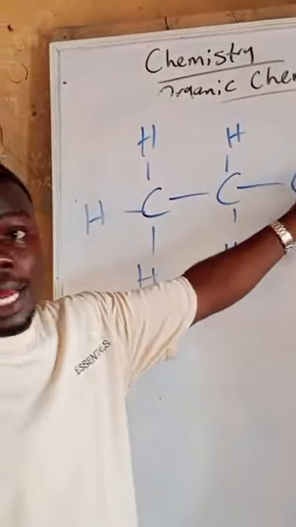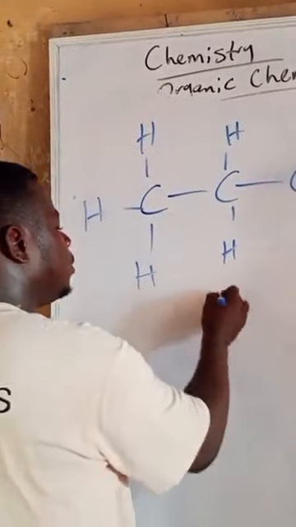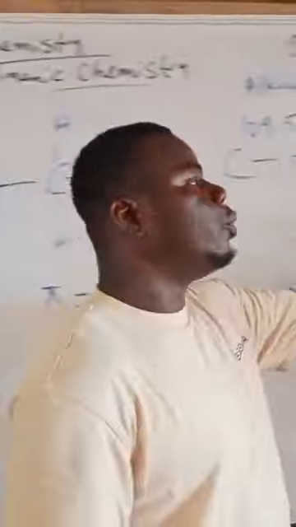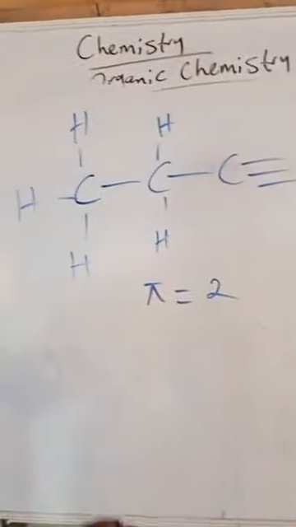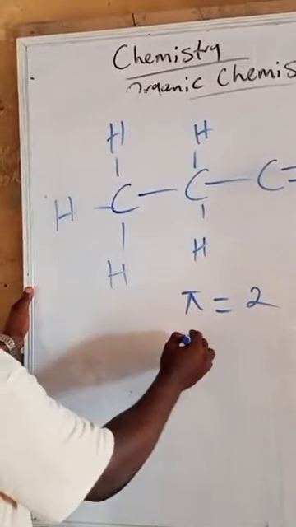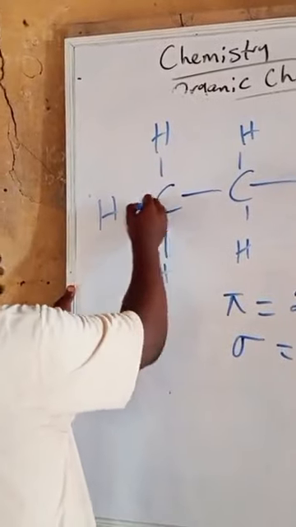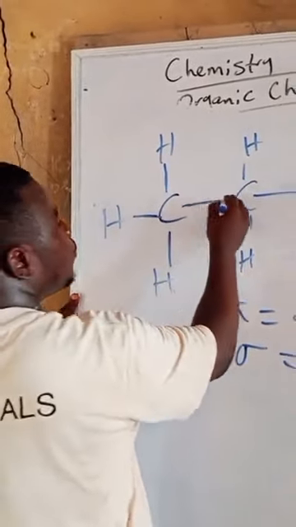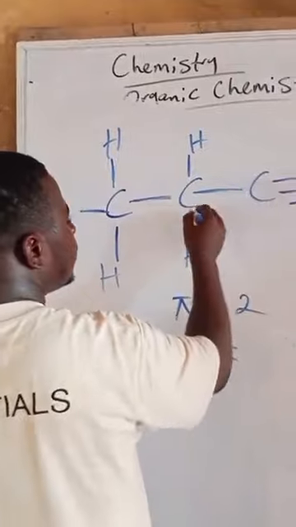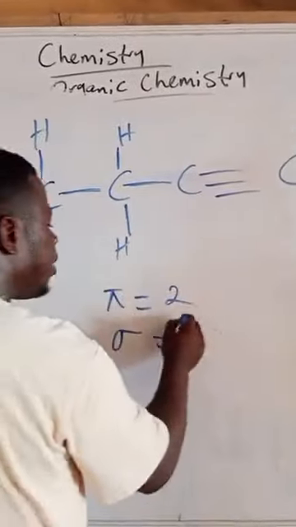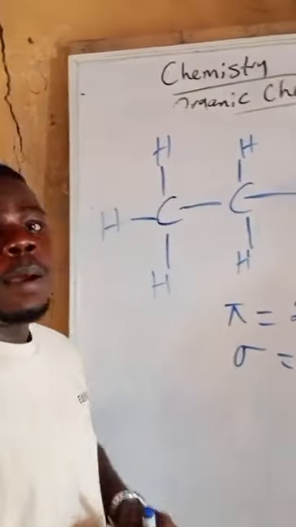Because this is an alkyne, the pi bonds is equivalent to what? 2. How do we know? From the notes. 2. Now, what if the question says, how many sigma bonds are here? You say this is 1, this is 2, this is 3, this is 4, this is 5, this is 6, this is 7, this is 8 plus the follow-come 1. Therefore, it's 9 sigma bonds.